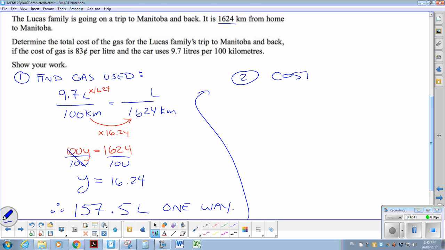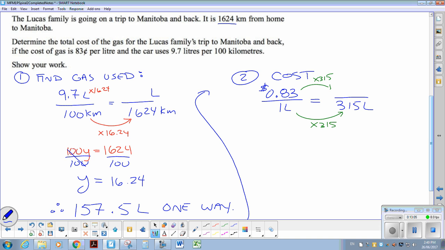Now we're on to step two, cost. We know it's 83 cents. What happens if we do it as dollars? $0.83 for every 1 liter. Well, we know we're using 315 liters. So what is the cost going to be? This one's a nice one because 1 times 315 tells us that we multiply by 315.